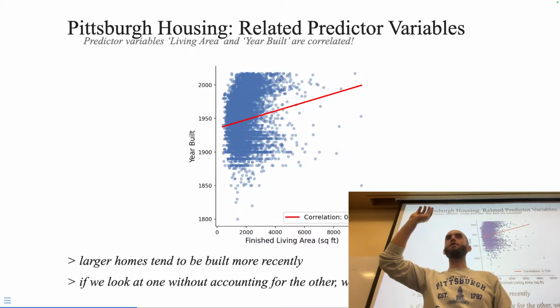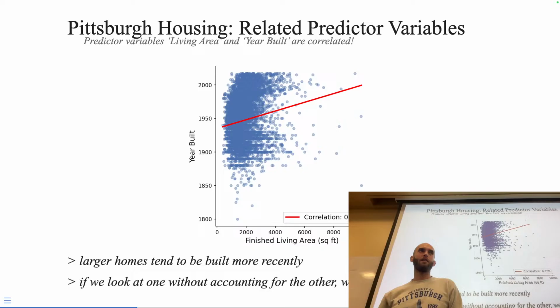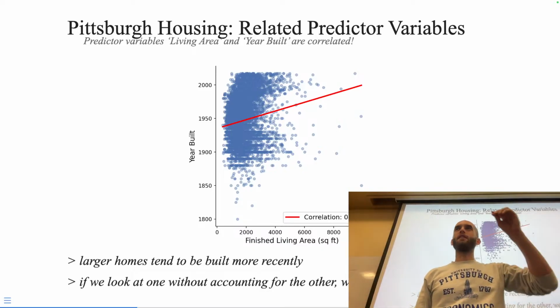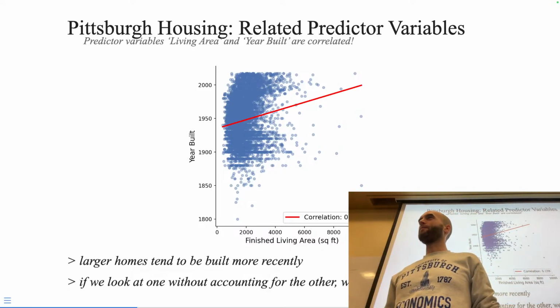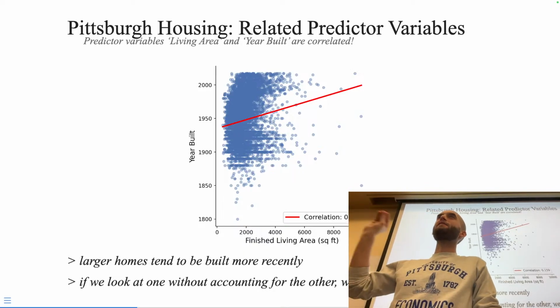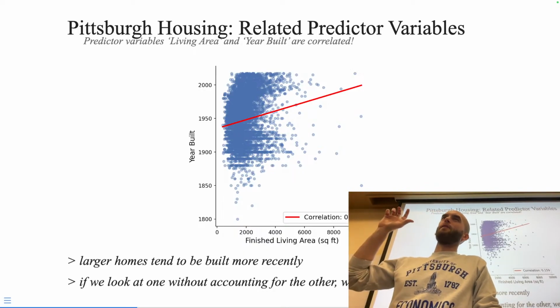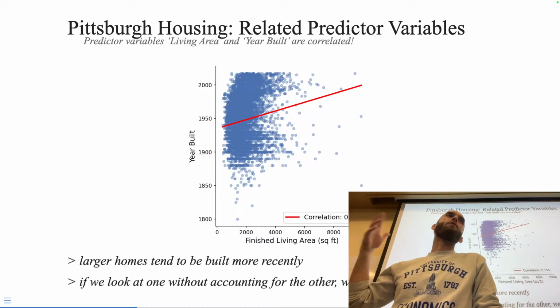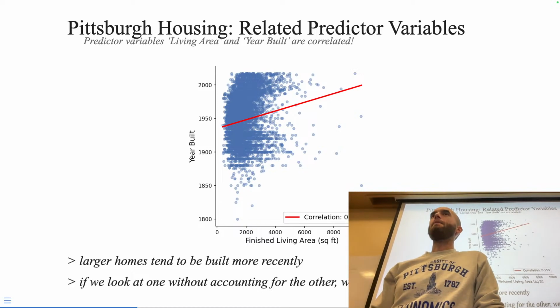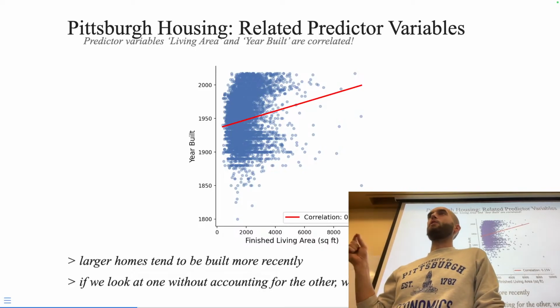So if I were to just set up a regression model predicting house price with the size of the house, I would include some of the effect that newer houses are more valuable. They're nicer because they're newer, and maybe that's what's showing up in the additional value of an extra square foot, simply because newer houses are larger.